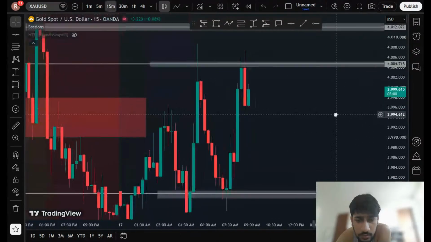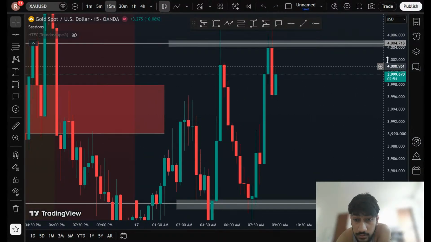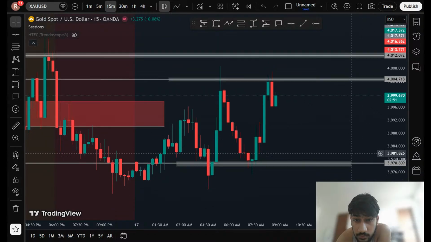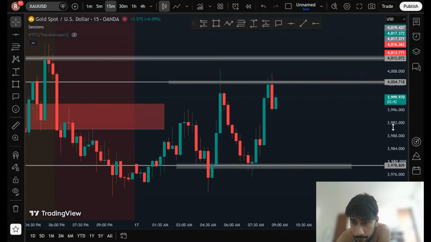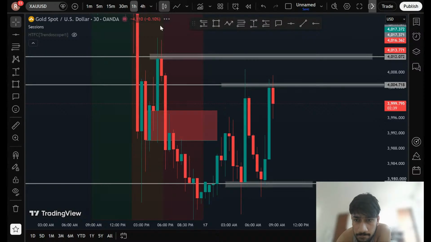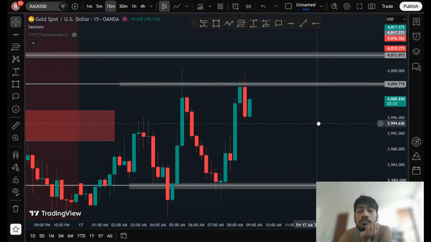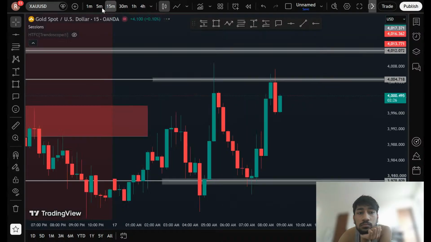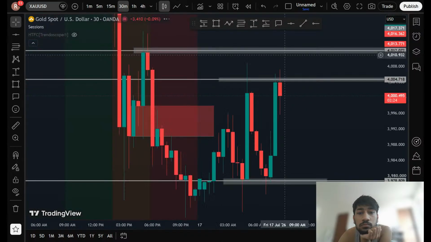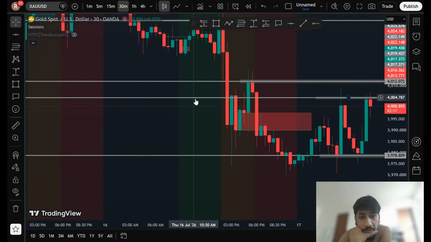15 minute formed some sort of support, no clean range. So yeah, this was a bad trade because there were no confirmations.